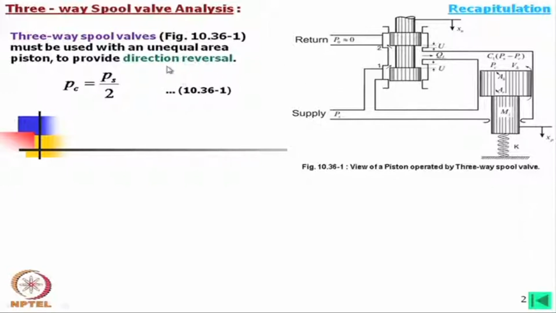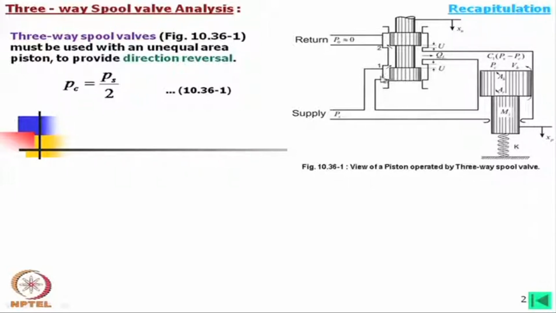Now, in the three-way spool valve, what we find is that this is the supply valve, and this supply has direct entry to the rod end side of the piston, and there is entry to the other side, the piston head side, through this controlled flow.